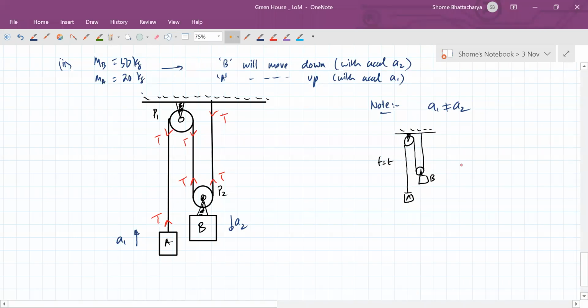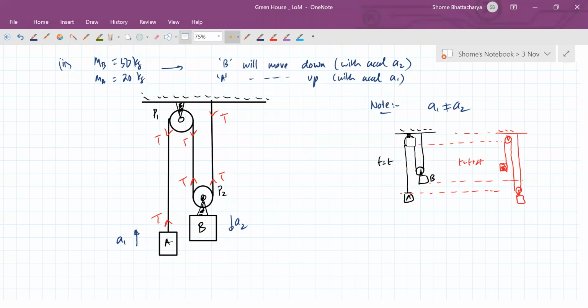Now after some time, at t plus delta t, because A is going up and B is coming down, in comparison to this diagram, the block B has come down to this position here, and the block A has gone up here. So A has reached here, B has reached here in this diagram.